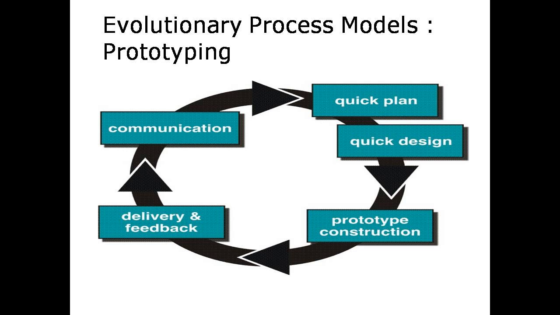Then the evaluation of the prototype is performed through customer test drives and the mock-up, that is prototype construction and delivery feedback activities. The different processes of prototype development include establishing prototype objectives, defining prototype functionality, developing the prototype, and evaluation of the prototype.